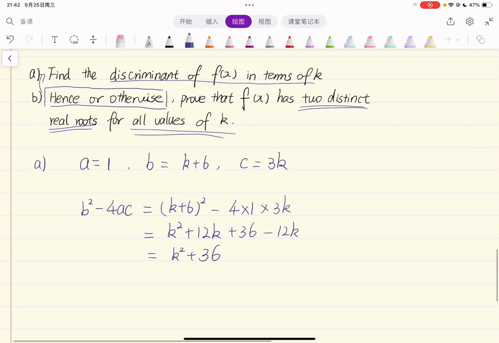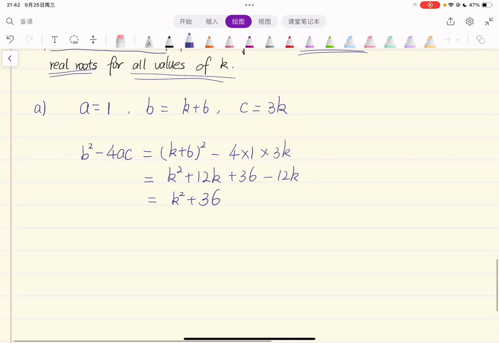So two distinct real roots, what does it imply? It implies that b squared minus 4ac greater than 0. So we want to prove b squared minus 4ac greater than 0 for all values of k.